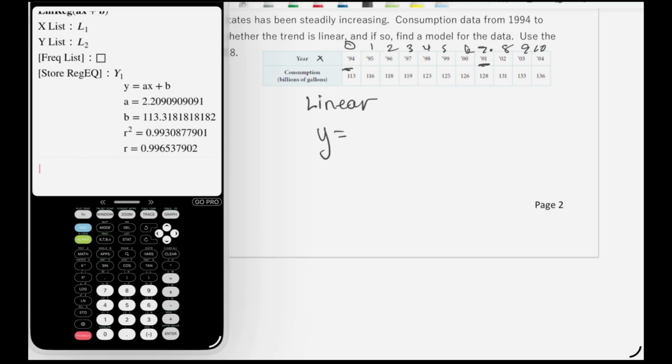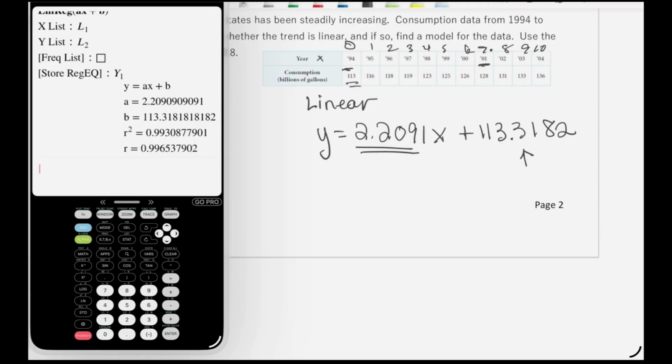So A, 2.2091 x plus 113.3182. Okay? This is the initial value, right? So they're using the line of best fit, so it's not going to match this number exactly. And then this is the slope.